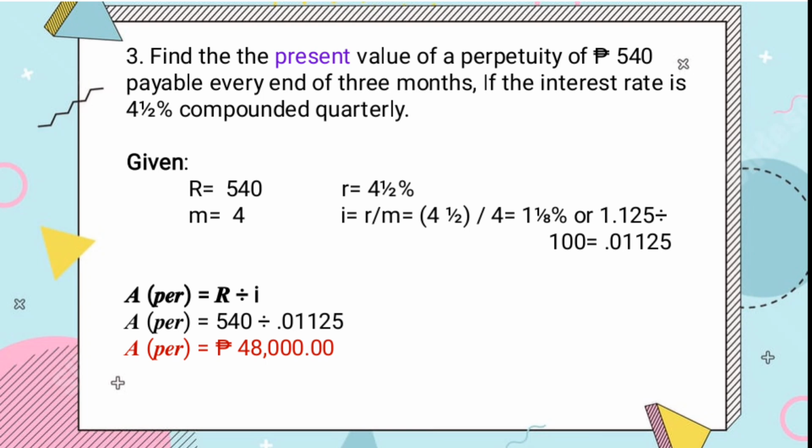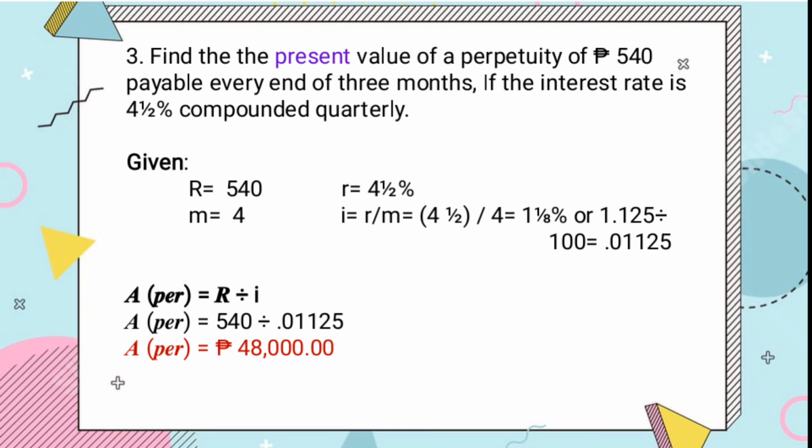Okay, let's solve. Copy the formula. Then bring down. Your R is 540 divided by I, which is 0.01125. Once you have R and I, divide it. And then the answer is 48,000 pesos.